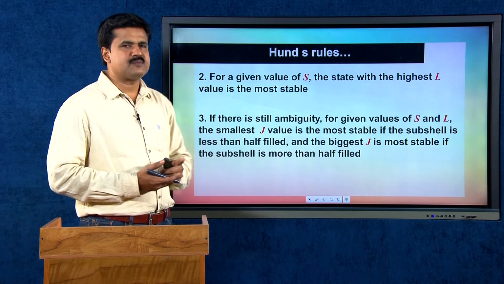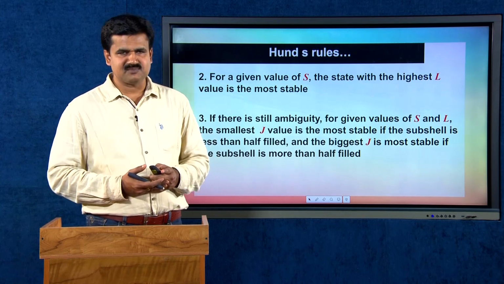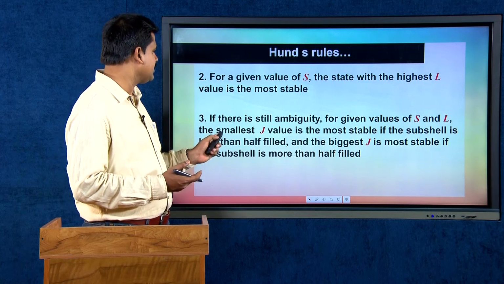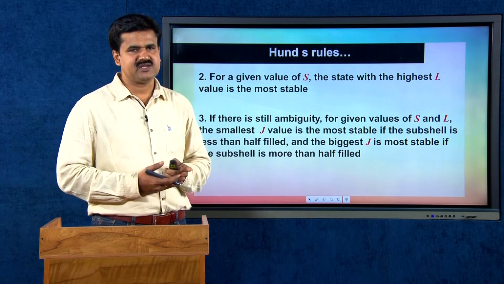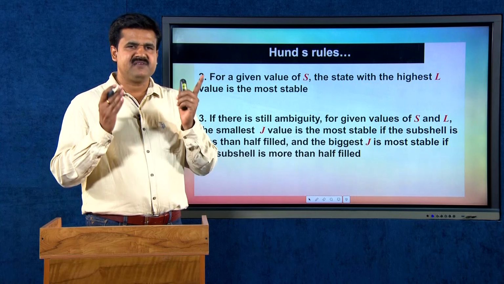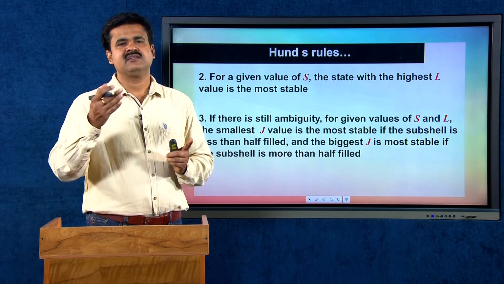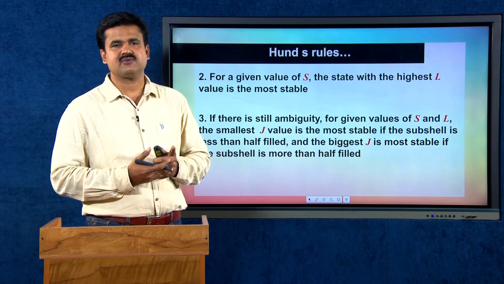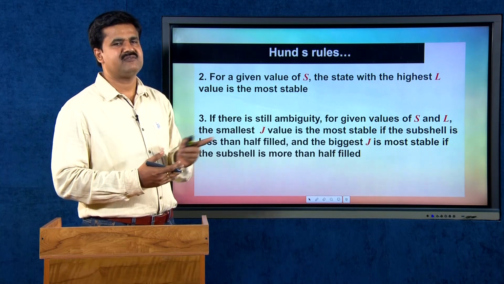Finally, there is one more statement for Hund's rule to determine the ground term symbol. This is applicable if there is still any ambiguity. That is, if we cannot find out the ground term based on the first and second rules, then only the third rule will be valid.